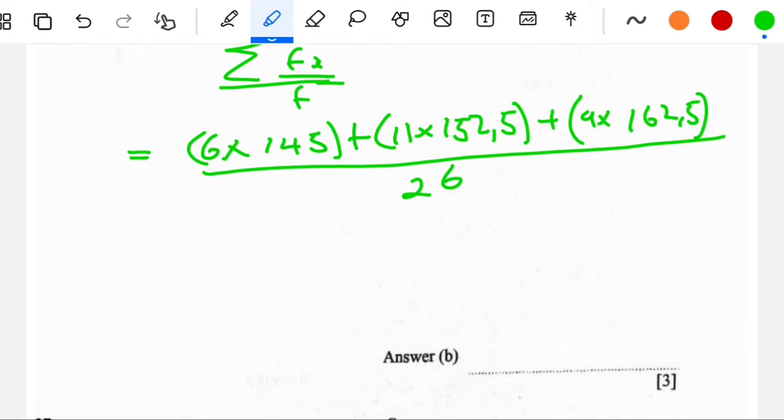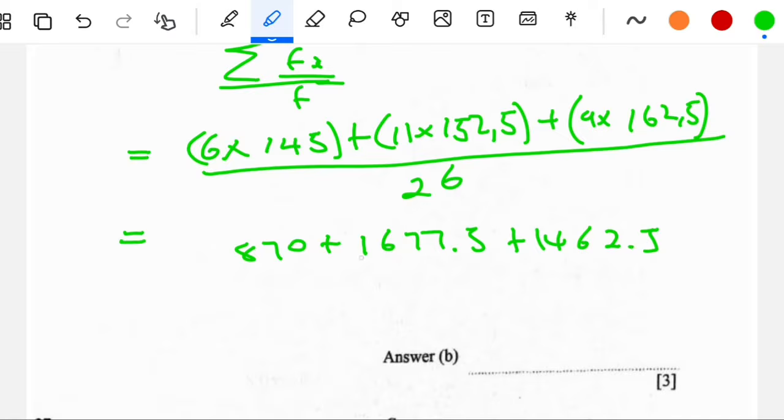Then I'm going to do my multiplications on the side and get 870 plus 1677.5 plus 1462.5 over 26.